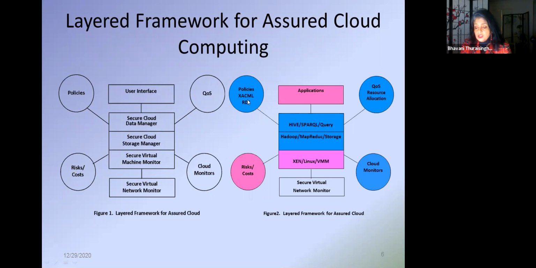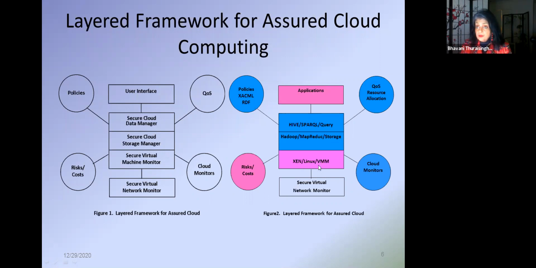For policies, we had two types of systems. One was based on XACML, Extensible Access Control Markup Language, which is a standard, and the other one is the Resource Description Framework, part of the semantic web technologies. Here we had the applications, information sharing. We assumed that the virtual network was there. We used Xen for the hypervisor.